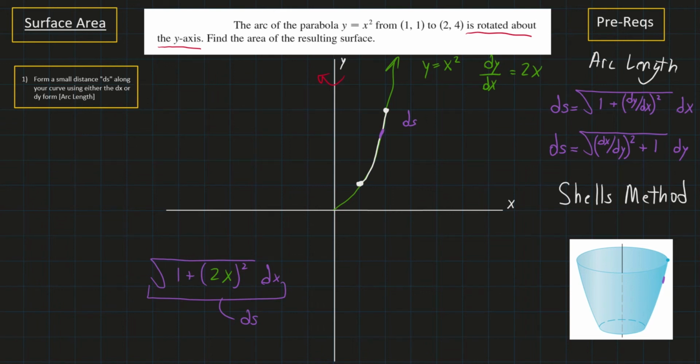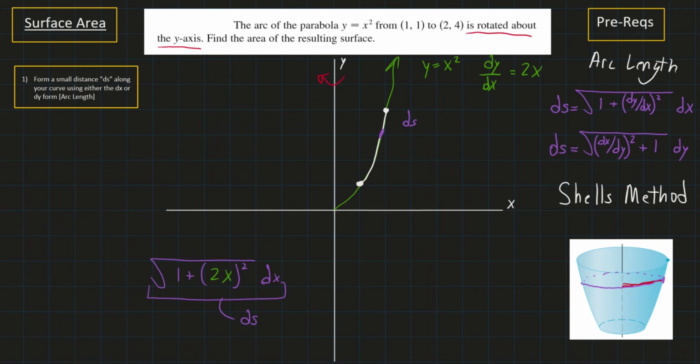Here's what we want to do next. Look at my model down in the bottom right. We want to take this small distance. It's so small that it's basically a point. We want to take this and rotate it about this axis right there. Imagine swinging that point around that axis. It would make sort of a circle.